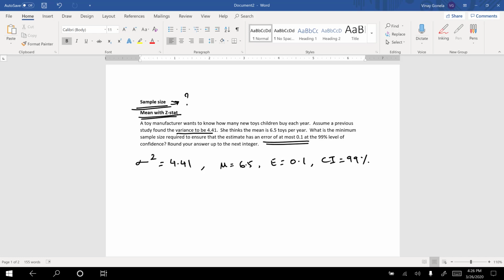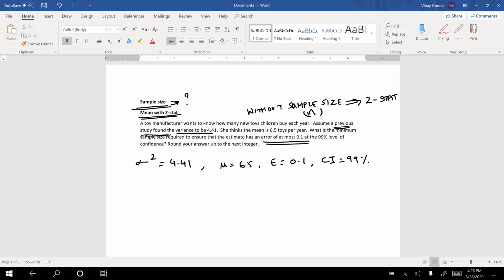Again, when they claim something from a previous study without giving a sample size, then you will be using the z stat. If they give you a sample size like 5 or 10, this is n, then you will be using the t stat.